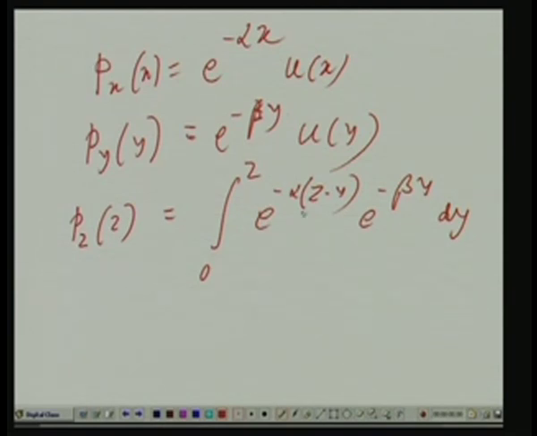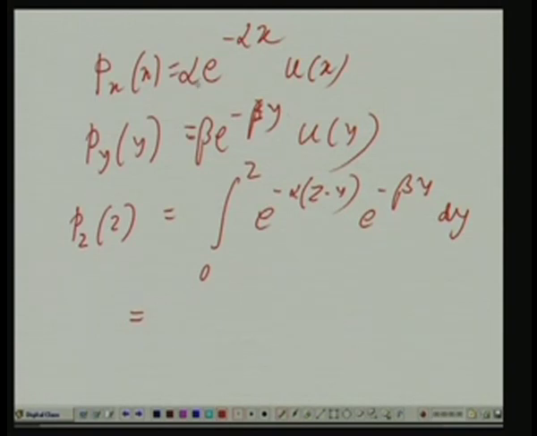First, consider the case where alpha and beta are same. Then what happens? If alpha and beta are same, this e to the power plus alpha y, e to the power minus beta y, they cancel because alpha and beta are same. E to the power minus alpha z goes out of the integral because the integral is with respect to y only. And what does the integral give you? Only z.